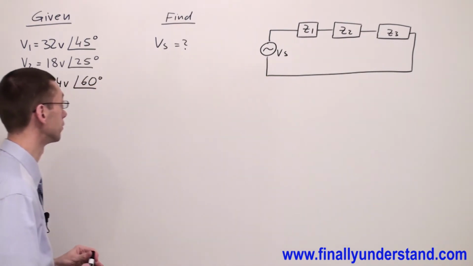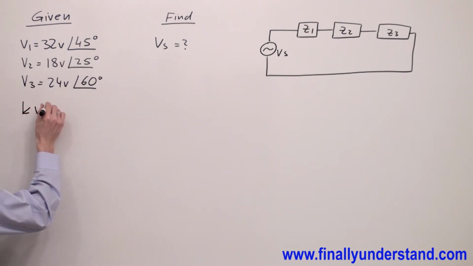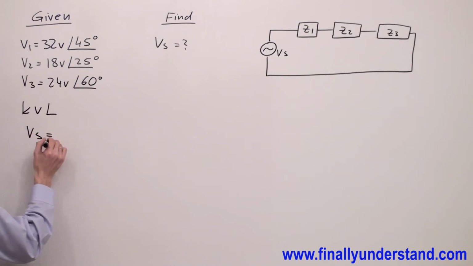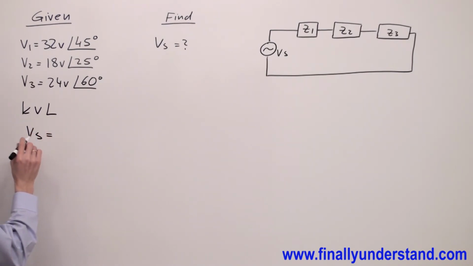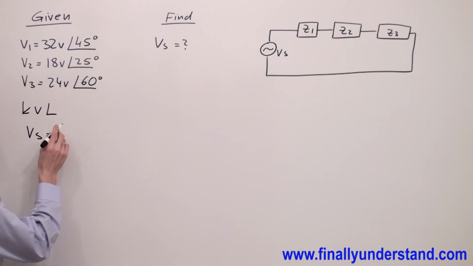In order to solve this problem, you're supposed to remember KVL, Kirchhoff's voltage law, which says the voltage source is the sum of the voltage drops in the series circuit.